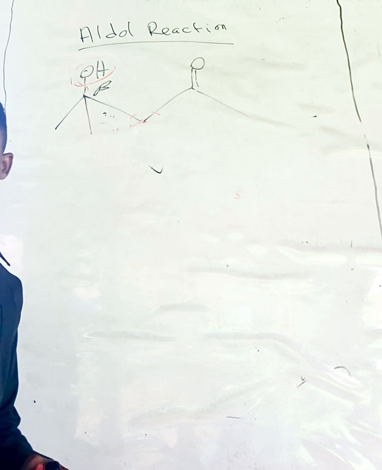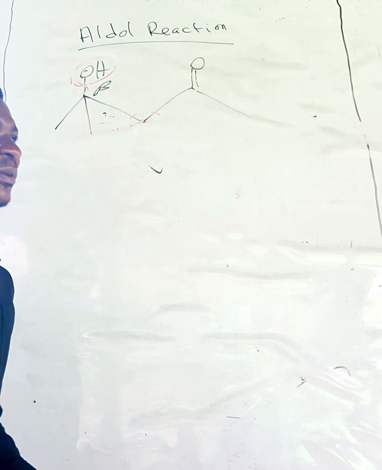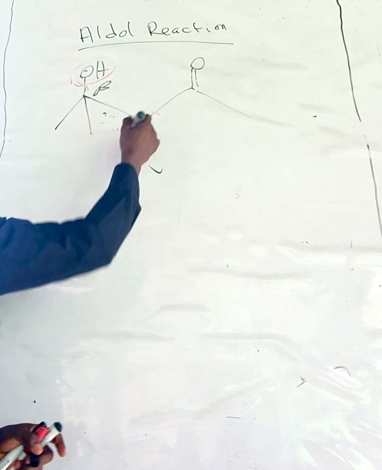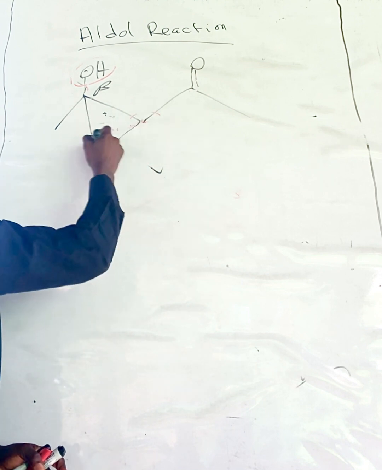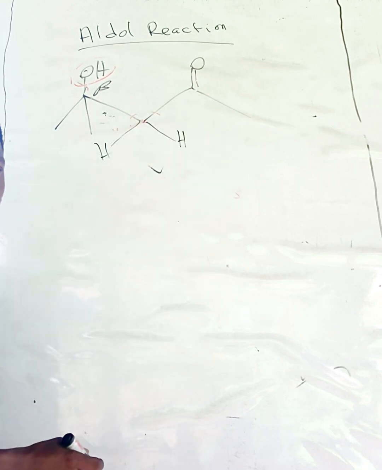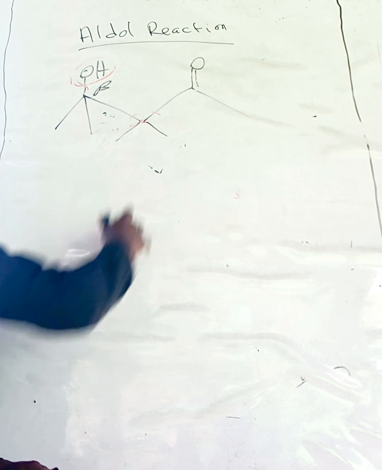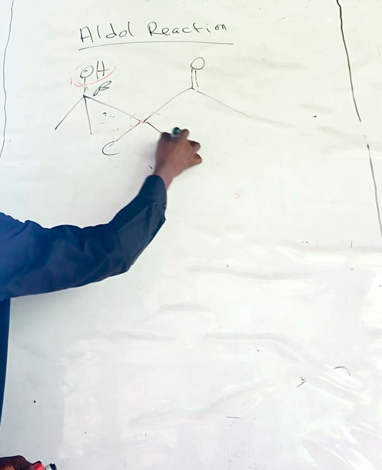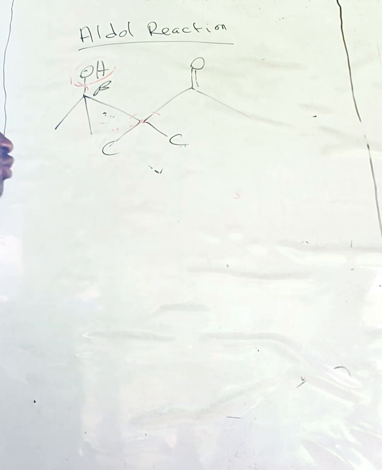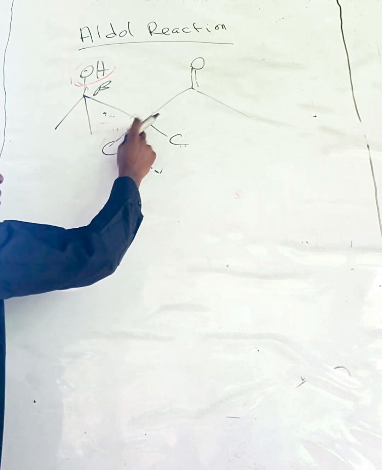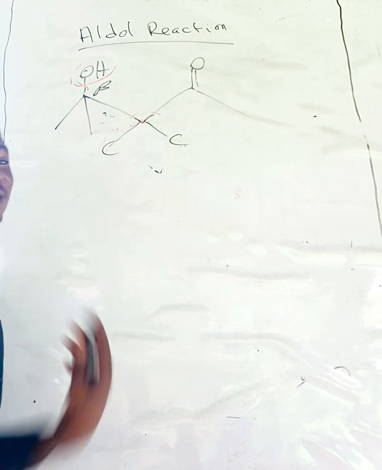There are some systems that you don't have a proton in between the two functional groups. Let's say instead of having two hydrogen atoms here, you end up having other atoms like carbon in here. And when that happens, you will not be able to abstract a proton here because there is no hydrogen here to take.